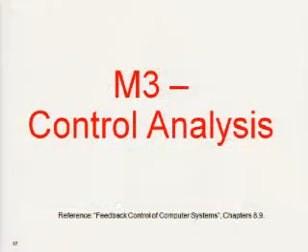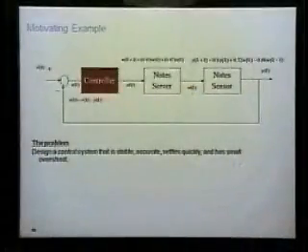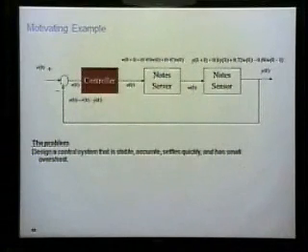Okay, now we're going to do the control analysis. Let me set the problem here. Before, we were just showing how we could come up with an end-to-end transfer function if we had a feedback loop like this.